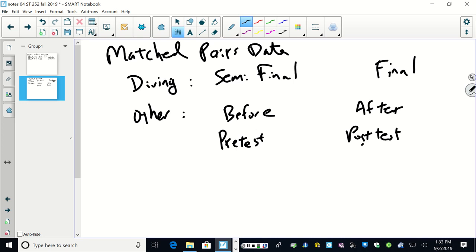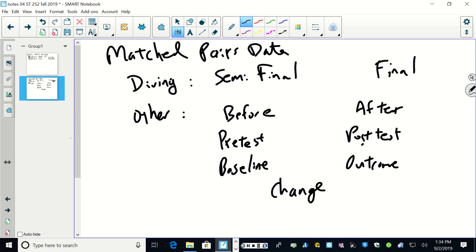In the medical examples, you have baseline measurements at the start of a study or start of a procedure, set some baseline, and then look at change that happens over time. So baseline study, and then some type of outcome after some intervention in the middle. Because these are correlated, we're not going to do our two-sample tests.